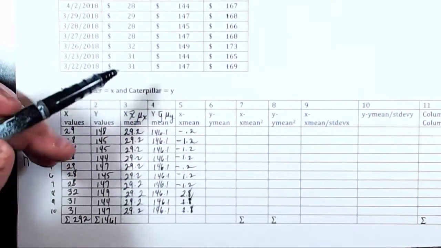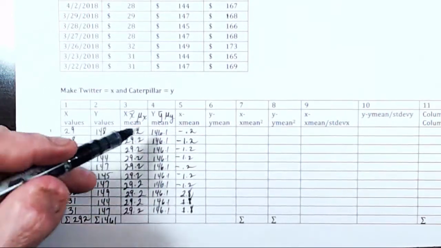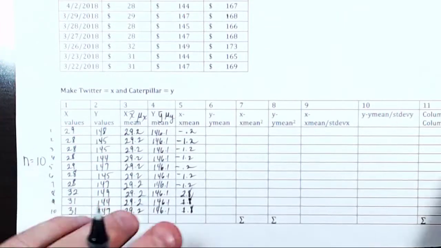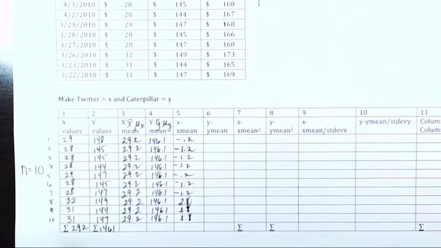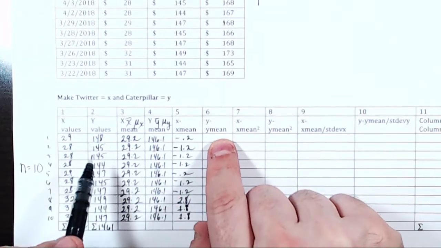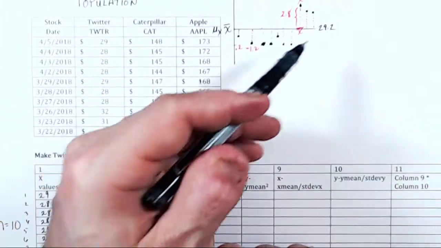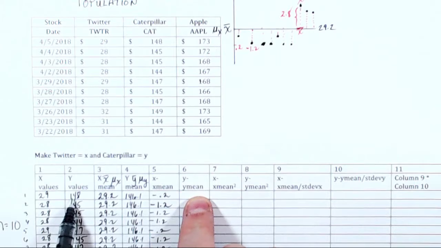Y was the price of Caterpillar minus the average price for Caterpillar, and I'll run through this rather quickly. Y minus Y mean: the Y value is in column 2, and the Y mean value is in column 4.